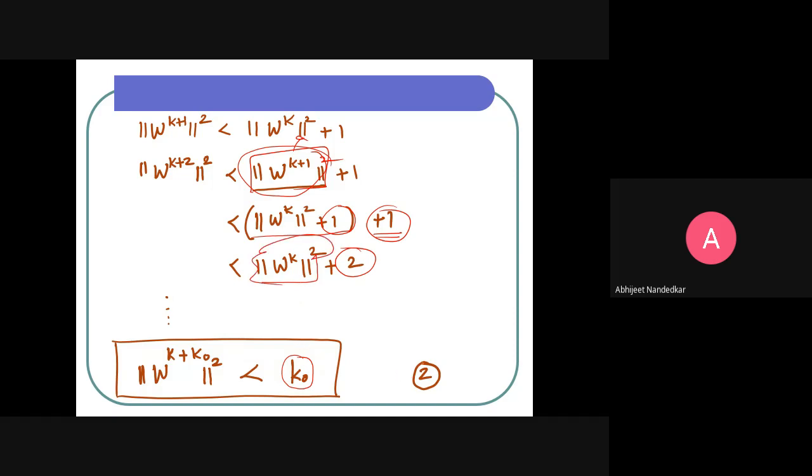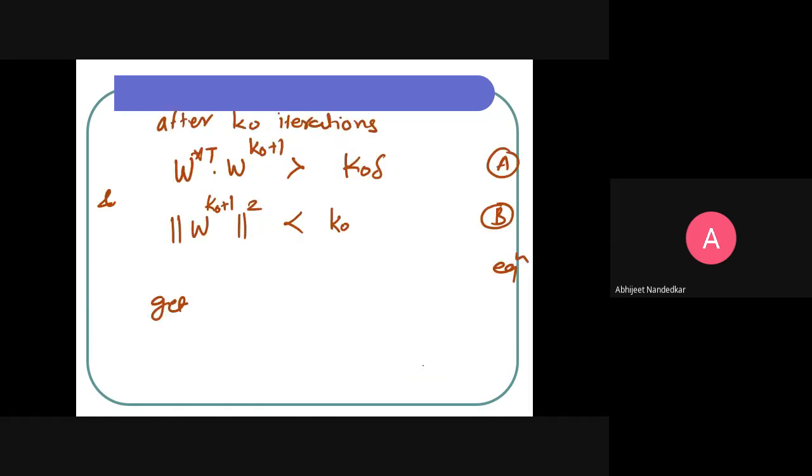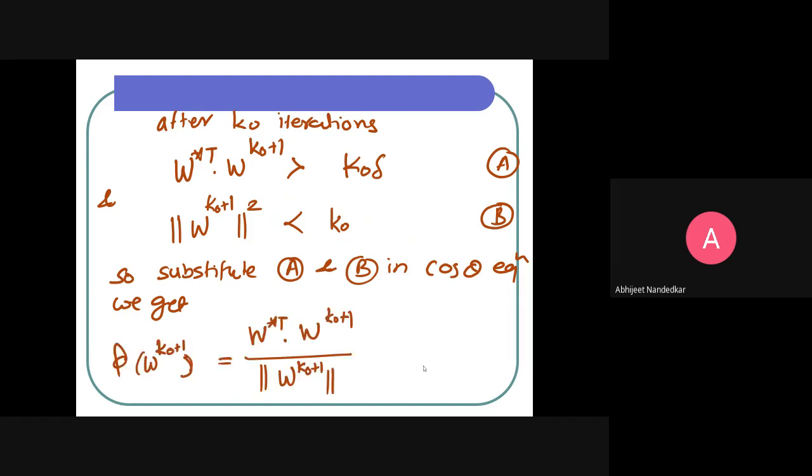Now we have two equations, equation 1 and equation 2, and I substitute these two in our cos theta equation. So if I write cos theta, that is psi of omega, psi of wk plus 1 equal to w star transpose. So this is a fixed quantity. Then since I have followed k0 plus 1 steps, so I have done so many steps, divided by the norm of that.